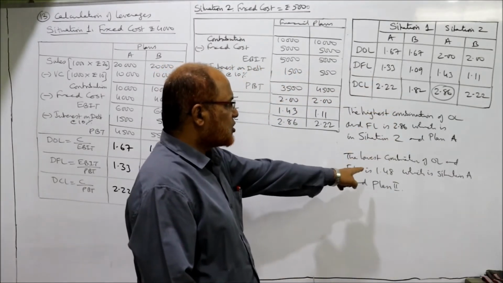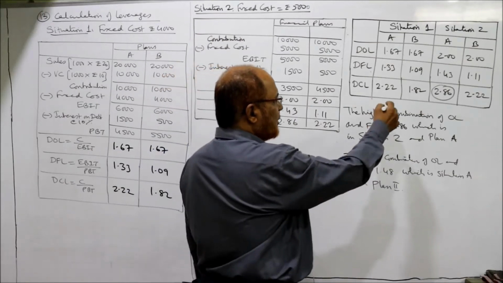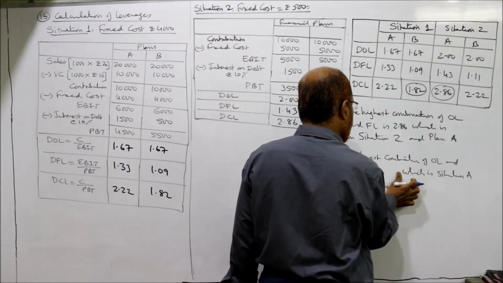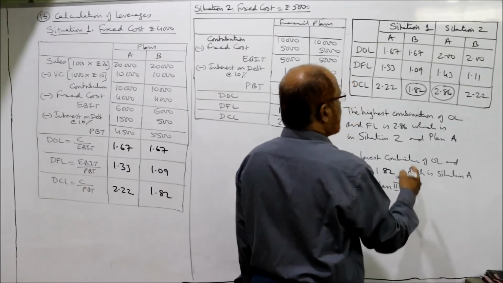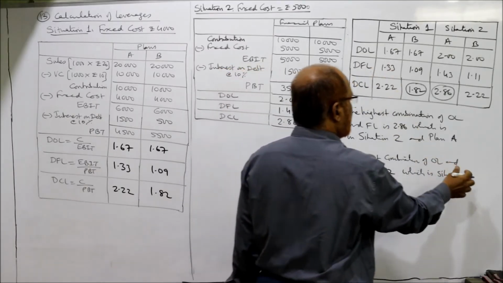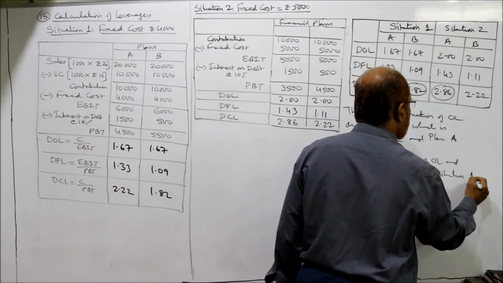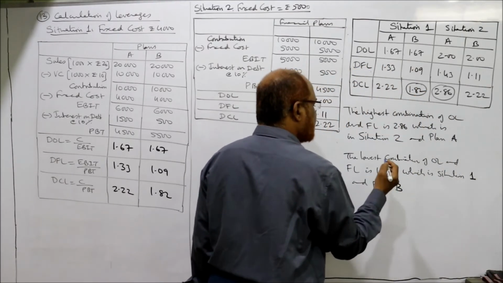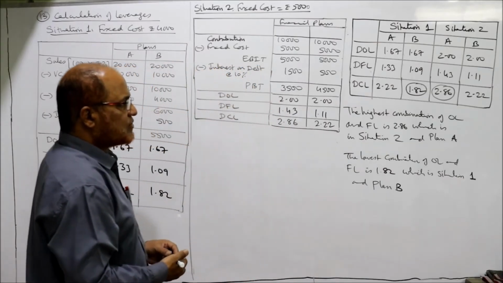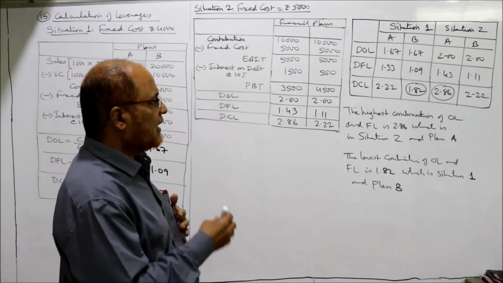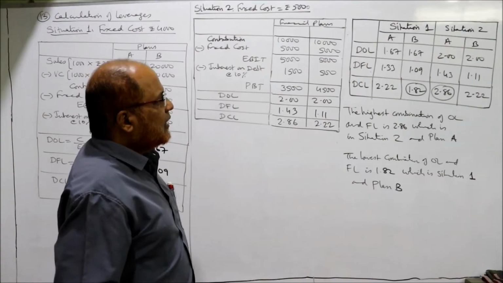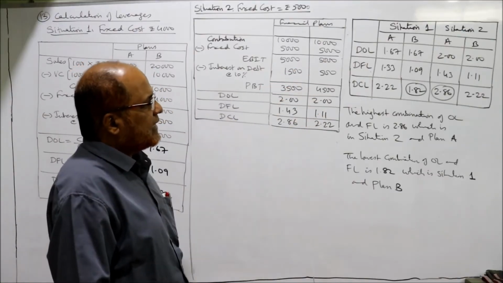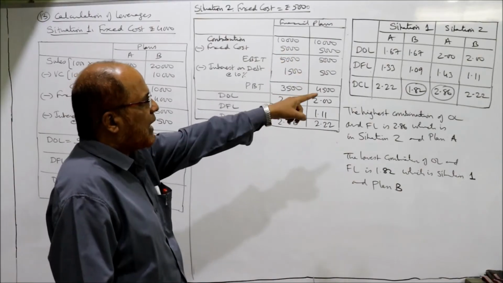The lowest combination of OL and FL is 1.82, which is in situation 1 and plan B. That's it. Highest combination of OL and FL is 2.86 in situation 2, plan A. Lowest value is 1.82 in situation 1, plan B.